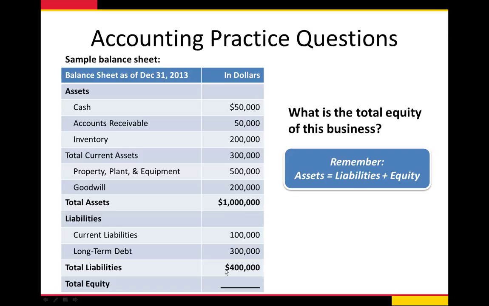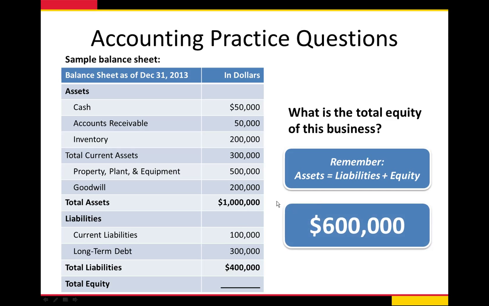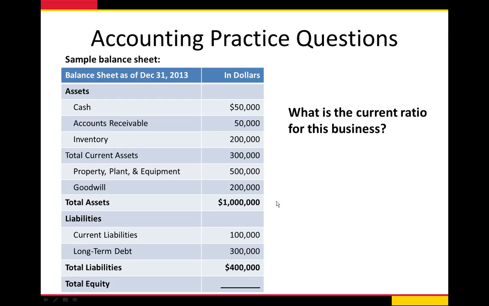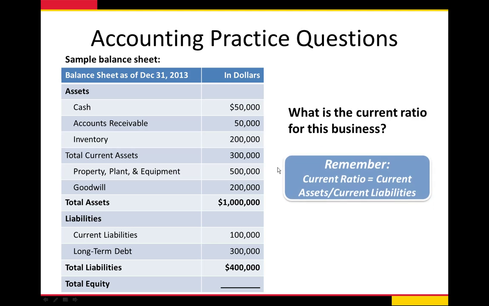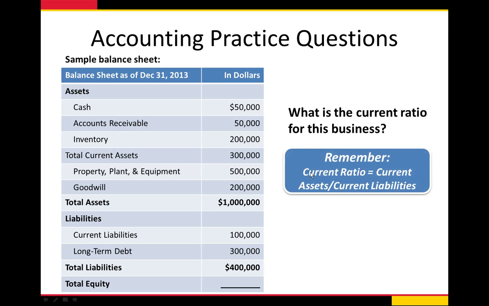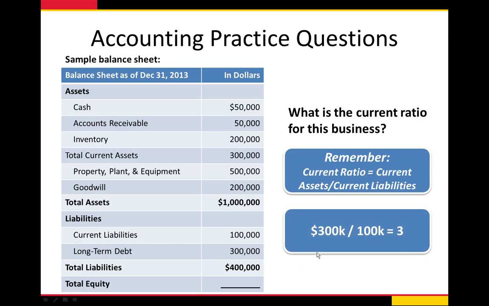So 1 million minus 400,000 would be 600,000. And what if I ask you what's the current ratio for this business? An easy way to remember is current and current: total current assets divided by total current liabilities. In this case, 300K divided by 100K equals 3.